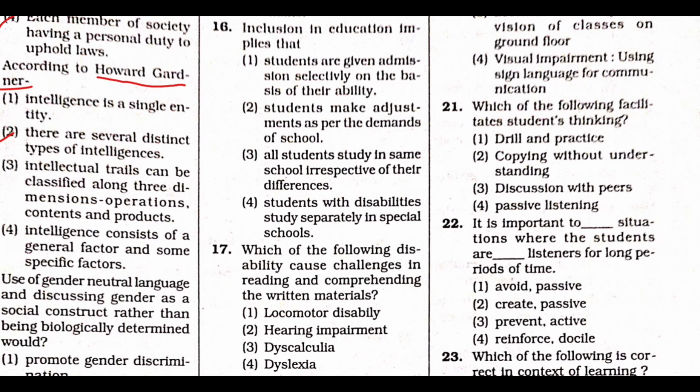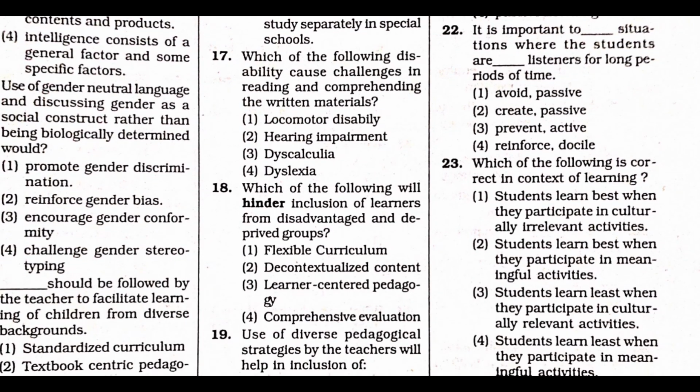That is question number 13. So let us see what we have in question number 13. Use of gender neutral languages and discussing gender as a social construct rather than being biologically determined would promote gender discrimination, reinforce gender bias, encourage gender conformity, challenge gender stereotyping. So this is a very, very easy question. I believe that you all can understand and you all can answer this.